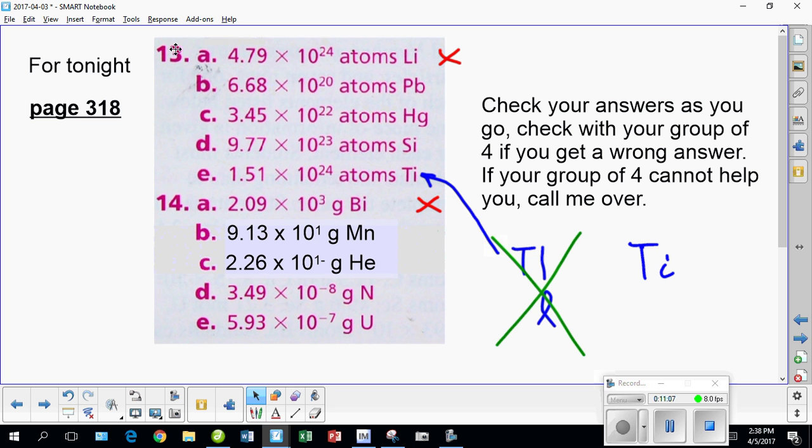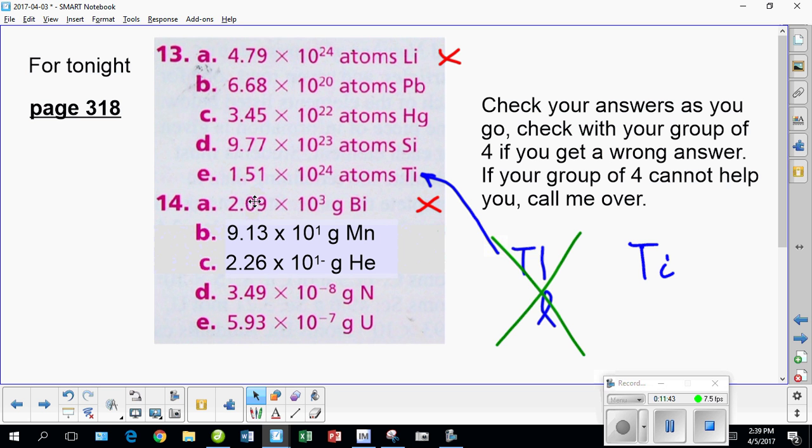So remember what problem type 13 is. You're starting with atoms, so you got to go to moles. Problem 14, you're starting with, no, your answer is in atoms. I'm sorry. So you were starting with grams, and you had to go to atoms. And here you were starting with, those are atoms, aren't they?